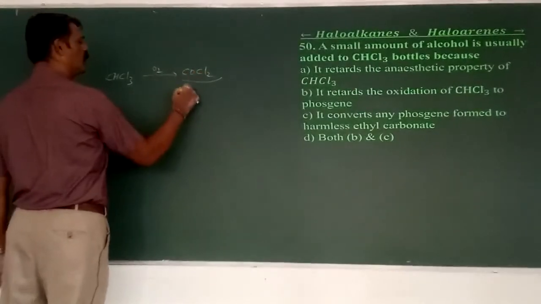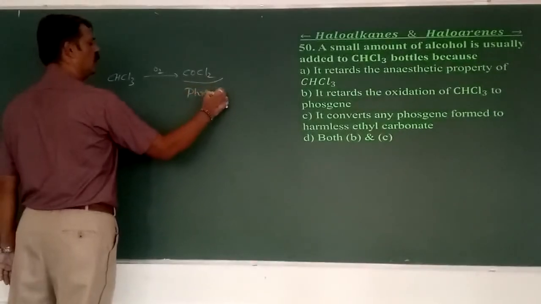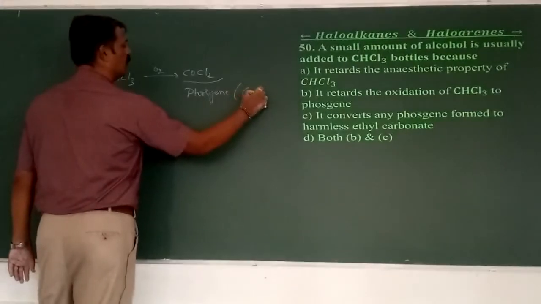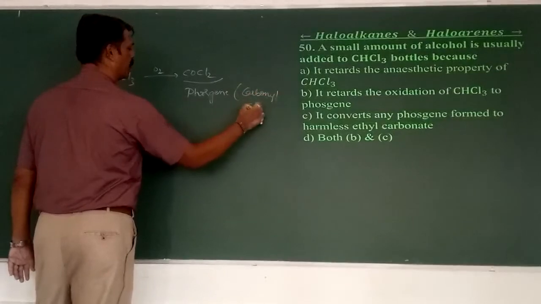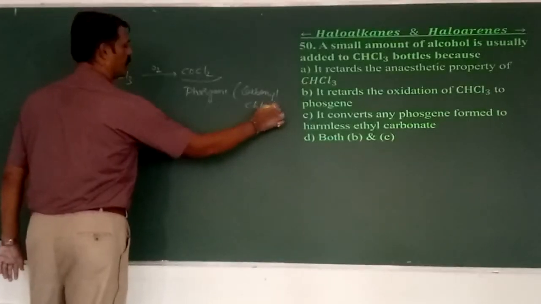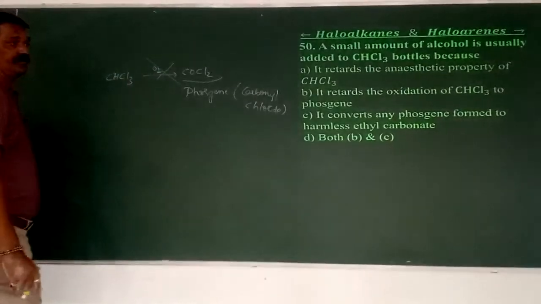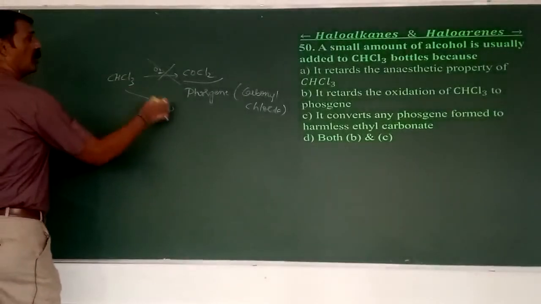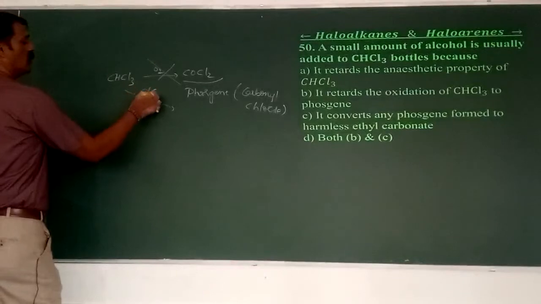We know that when it is exposed to the air, chloroform forms phosgene. What's that? Phosgene is called carbonyl chloride. To prevent that, we are adding a small amount of alcohol.